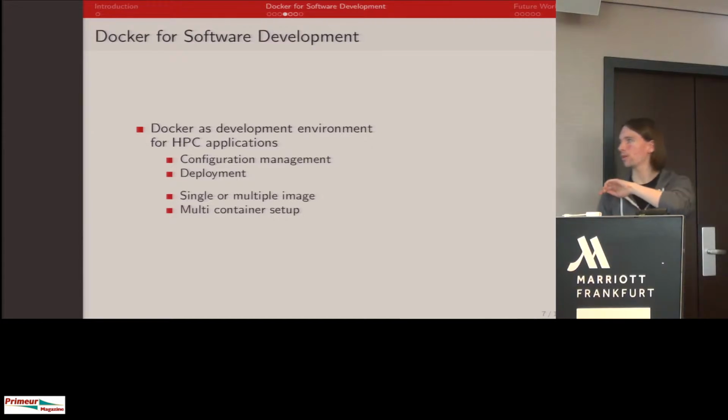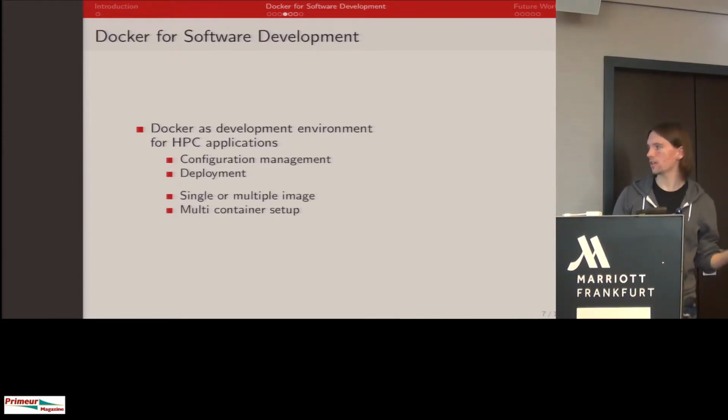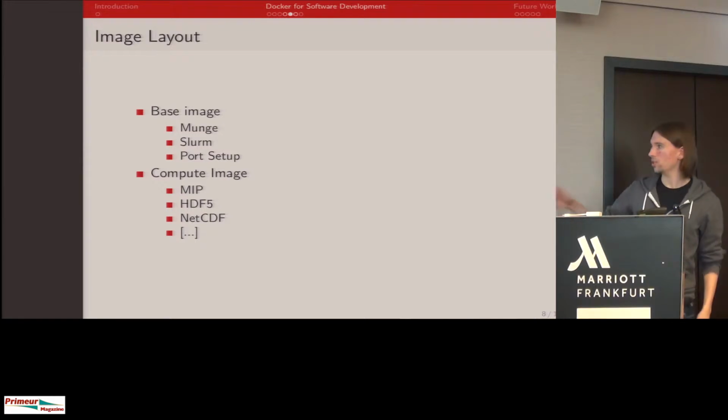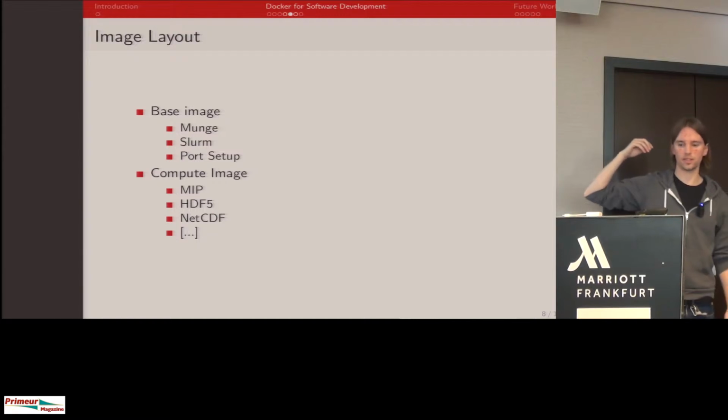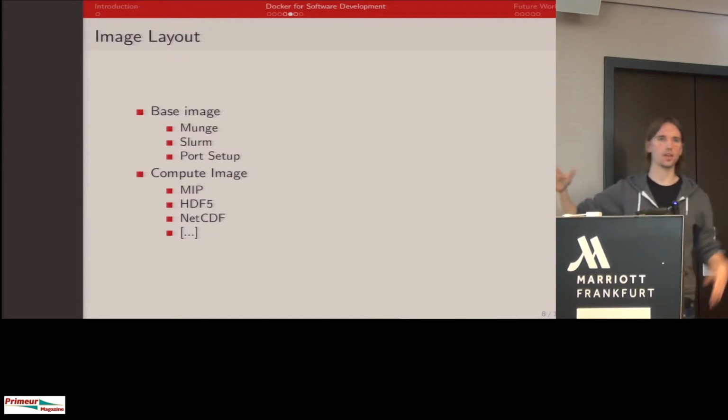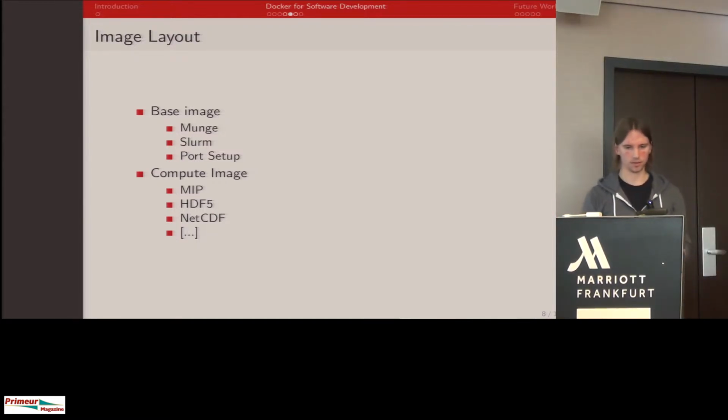So now I'm using the configuration management aspect and the deployment aspect and run a single or multiple image setup inside multiple containers. The image layout I'm running is just a base image which provides a basic Slurm setup, and the next layer of the image provides a compute image with the dependencies like MPI, HDF5, NetCDF, and everything else you need.